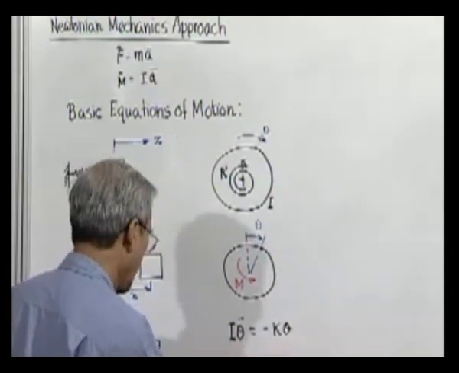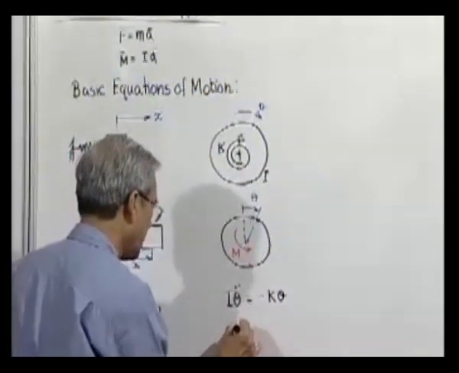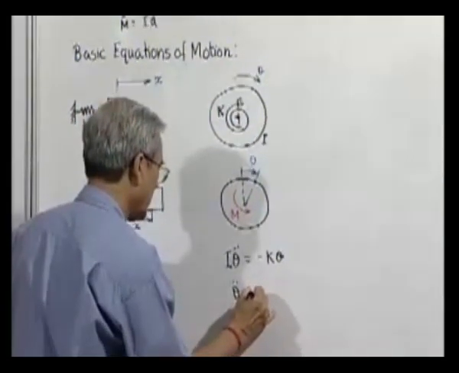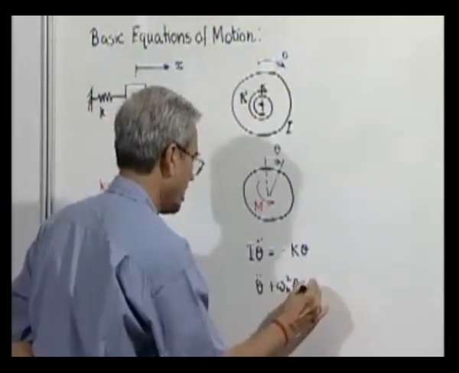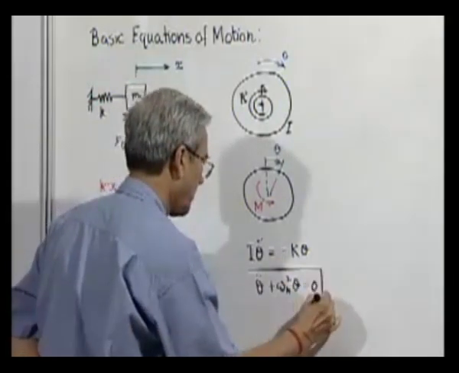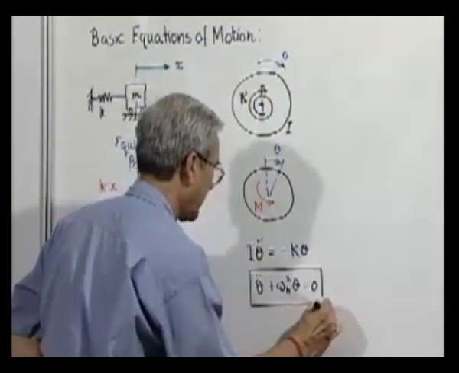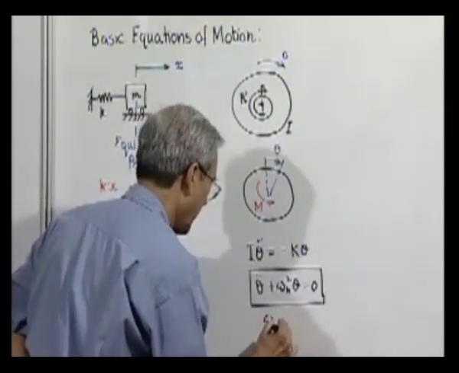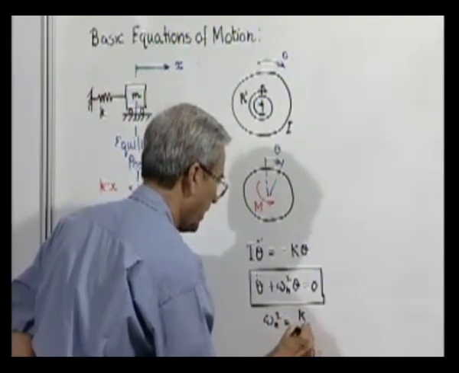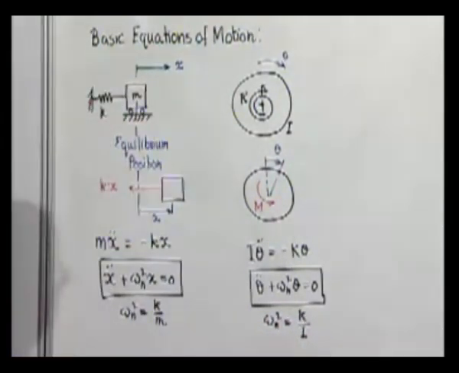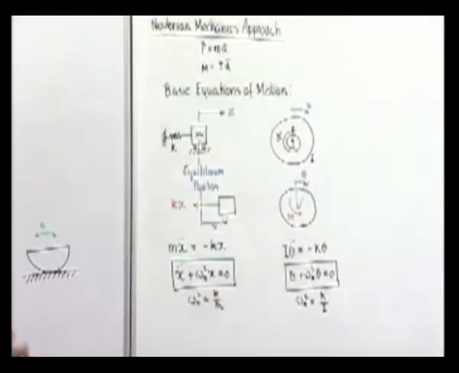So, here again we find the basic equation is theta double dot plus omega n square theta equal to 0, where omega n square is equal to capital K by I. So, the form of equation for both the cases is exactly the same.